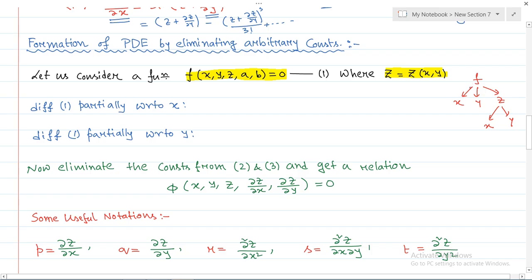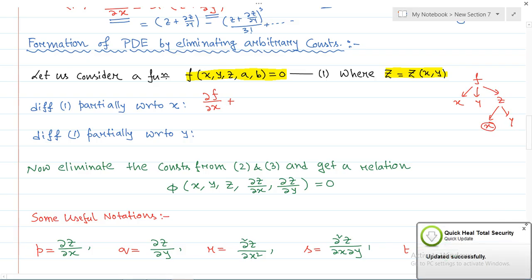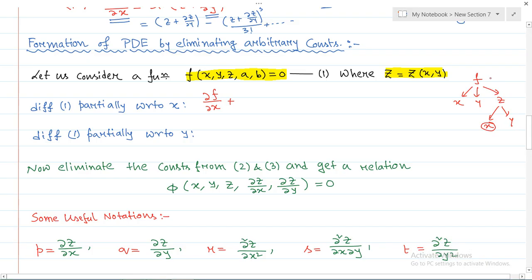From f to x one direct derivative we can take, so we can write ∂f/∂x directly, plus, because we cannot go directly from f through this z to x, we have to come from f to z, then z to x. So we apply the chain rule: ∂f/∂z into ∂z/∂x, and the right-hand side is 0.